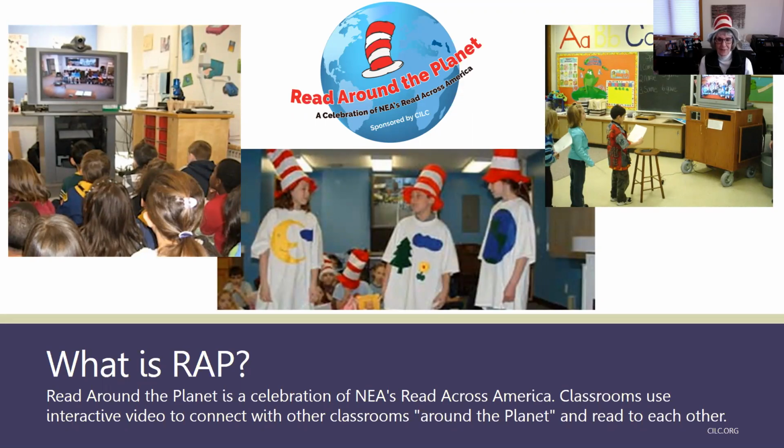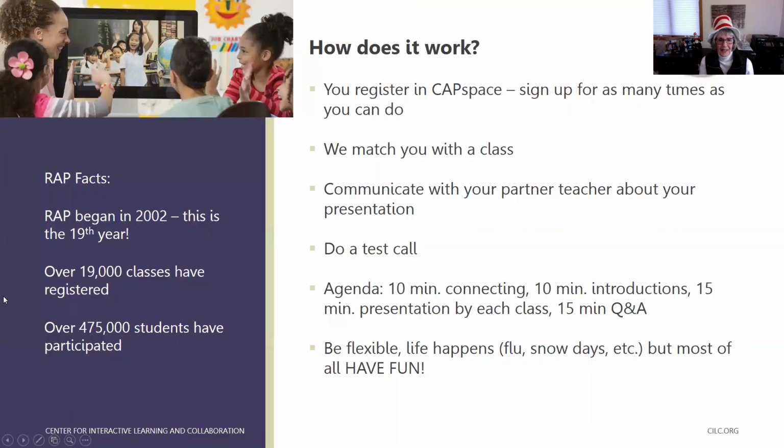So a few facts, as I said, it began in 2002, and it was Read Across America at that point. But in 2006, our friends in Canada and the UK said, hey, we like to celebrate reading too. Can we join you?